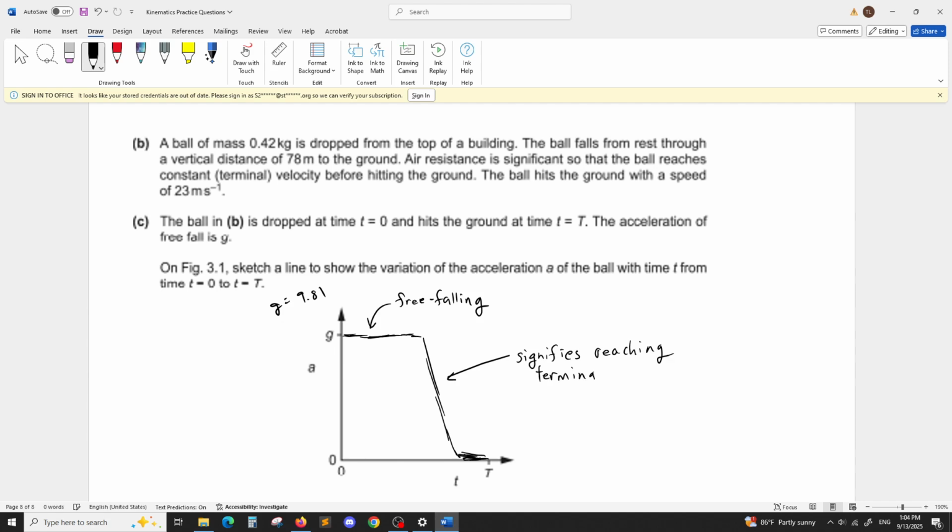So basically our acceleration and air resistance are slowly being canceled out. And then right here is terminal velocity.